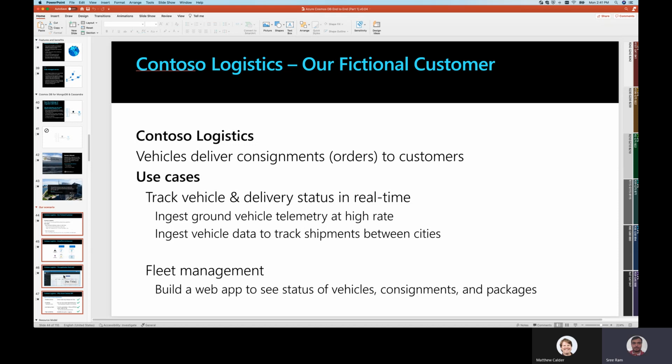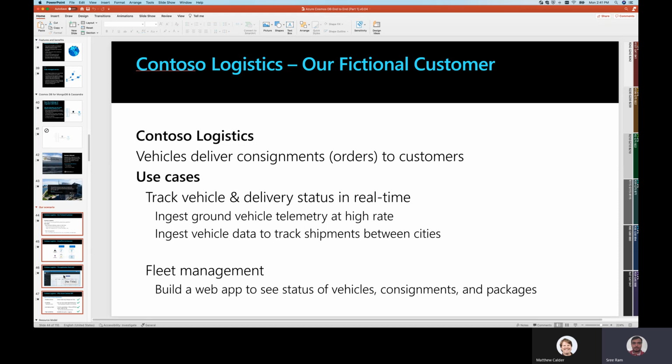What we do is we track vehicle and delivery status in near real time. We ingest ground vehicle telemetry at an extremely high rate, so that we have the ability to track things such as the temperature of the packages, or if the driver is speeding the vehicle.